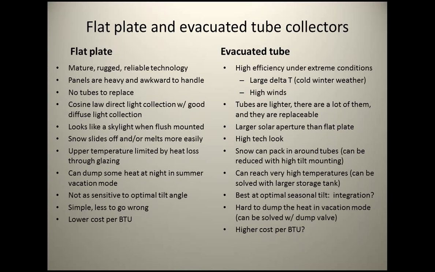Tubes are not as sensitive to optimum tilt angle. This is the tilt angle, not the azimuth angle. With the flat plates, it's important to get the tilt angle right. They are best at an optimal seasonal tilt.